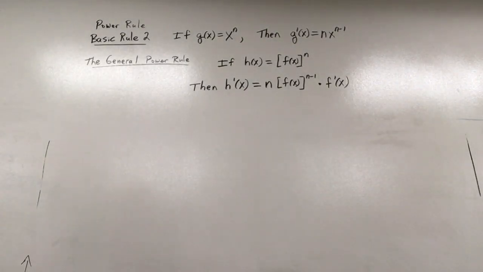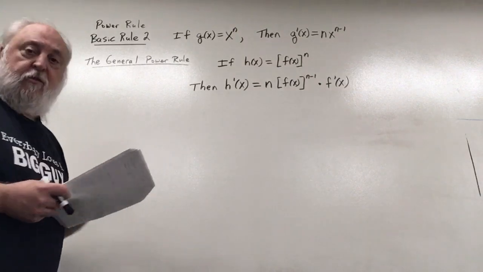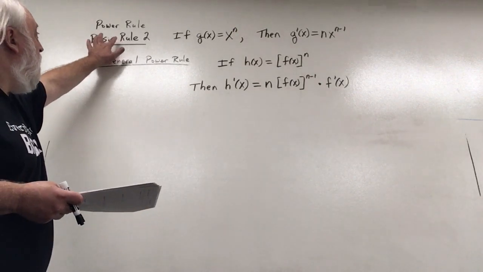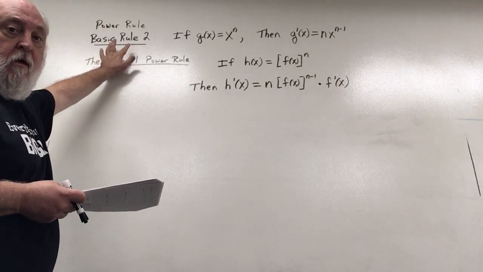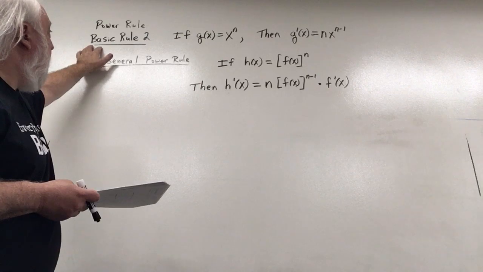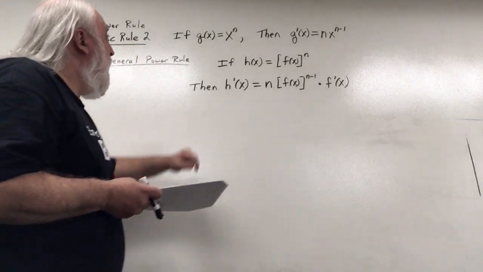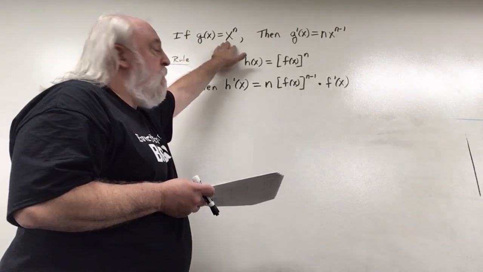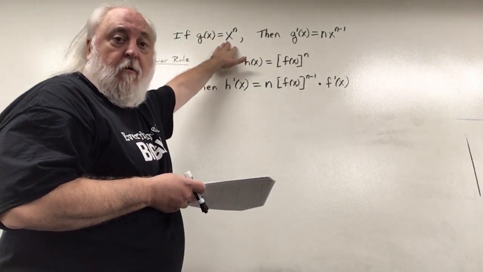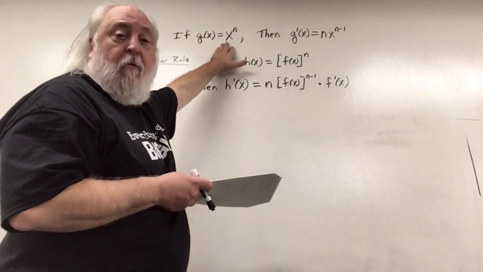Before I introduce the general power rule, I want to review the power rule from our first video, which was the second basic rule of differentiation we learned. If I have a function g of x that's equal to x to the nth power, where n is some real number, it's called a power function.